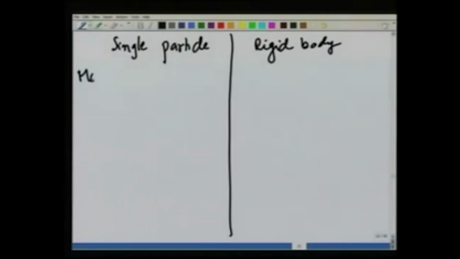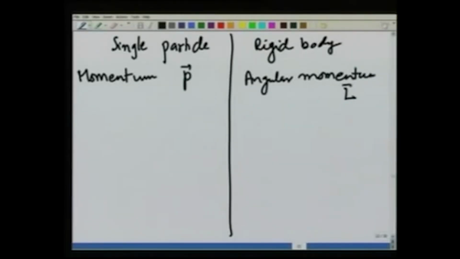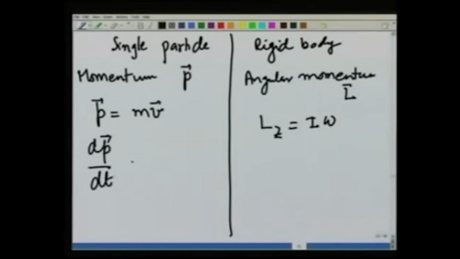Here I have momentum P, here I have angular momentum L. Momentum P equals mv, and in the case that we have discussed so far, L along a particular axis equals I omega. Momentum satisfies the equation dp dt equals the force, angular momentum satisfies the equation dL dt equals the torque.